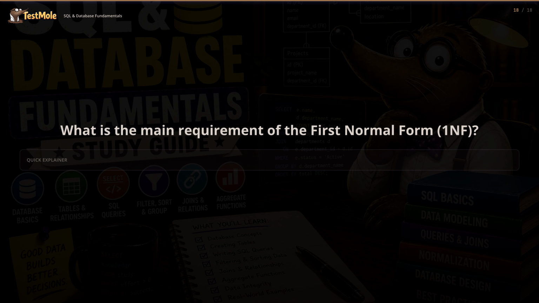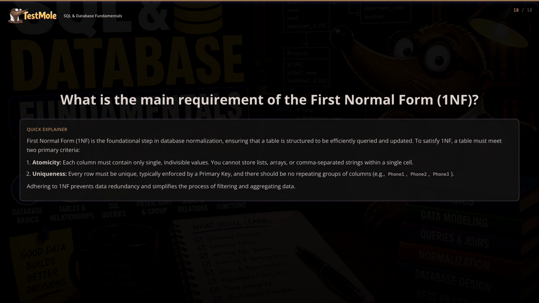What is the main requirement of the first normal form, 1NF? First normal form, 1NF, is the foundational step in database normalization, ensuring that a table is structured to be efficiently queried and updated. To satisfy 1NF, a table must meet two primary criteria.